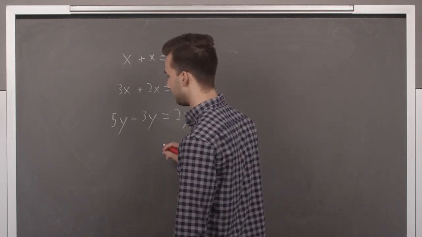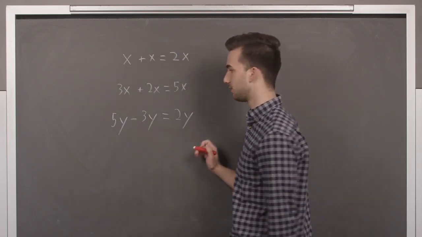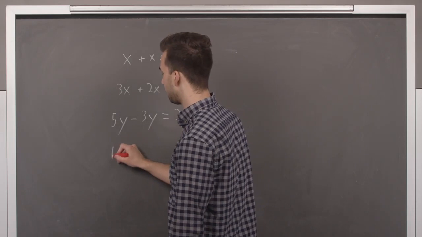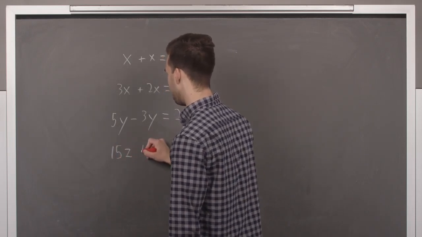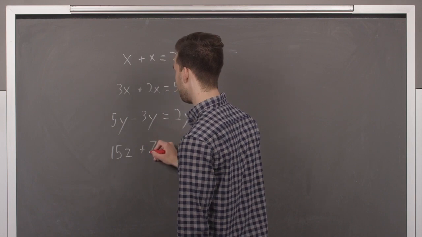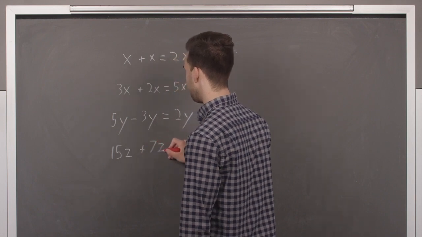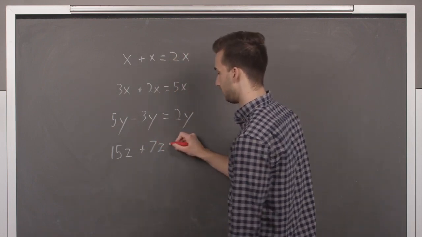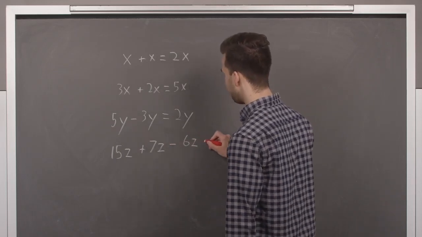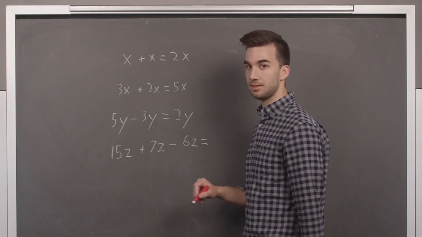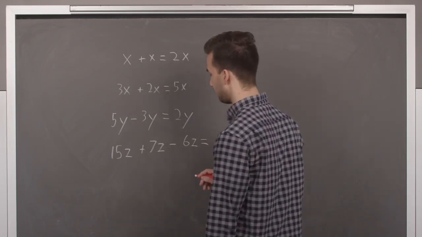Let's do another one. Let's do the letter z. Let's do 15z plus 7z minus 6z. So how do we do this now? Well, we can just add it and subtract it like it's real numbers.